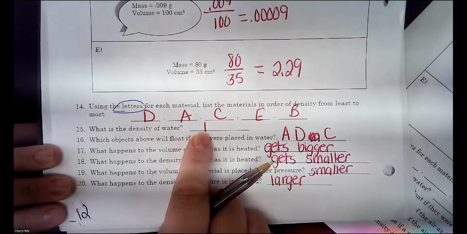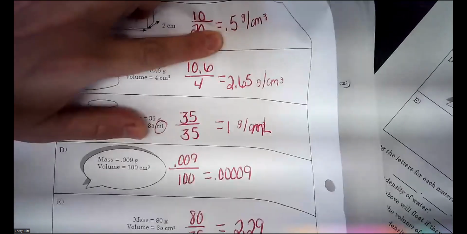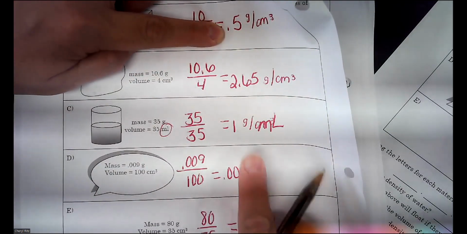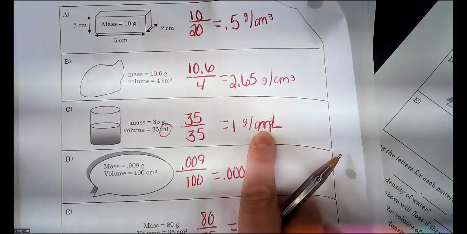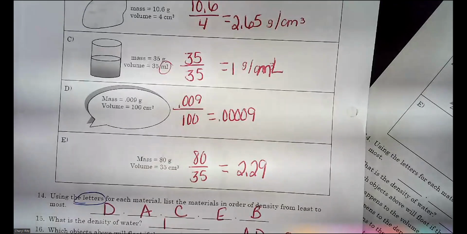Density of water is 1, which means A and D will absolutely float. If you included C, which has a density of 1, I'm okay with you including that because let's actually do an example. If I took a water balloon and threw it in a pool, what do water balloons do in a pool? Do they float at the top like a floaty?